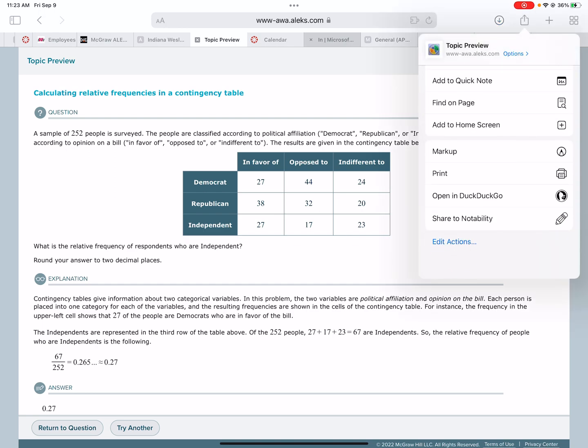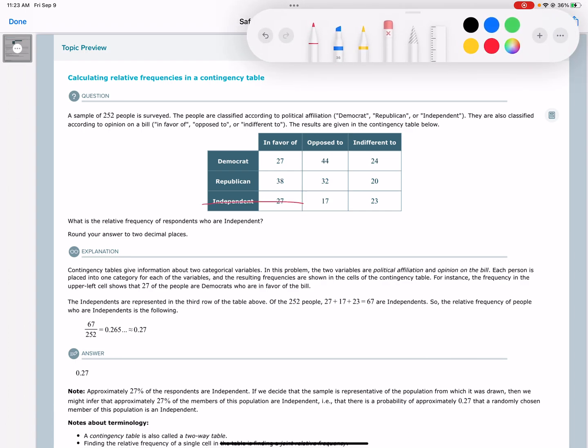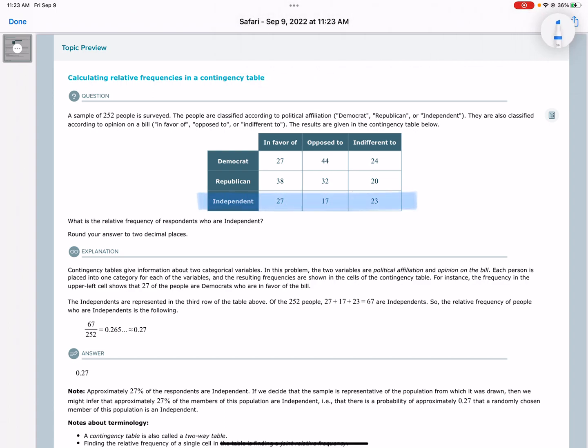Let me get a highlighter out. All right, so we have independent here, and it's asking for the relative frequency of independent.